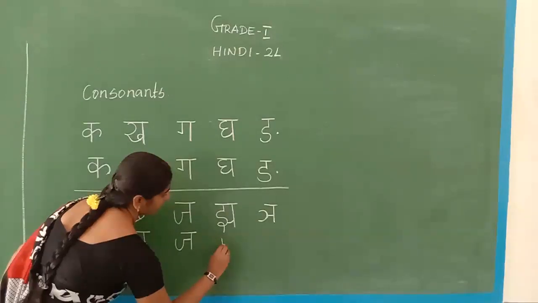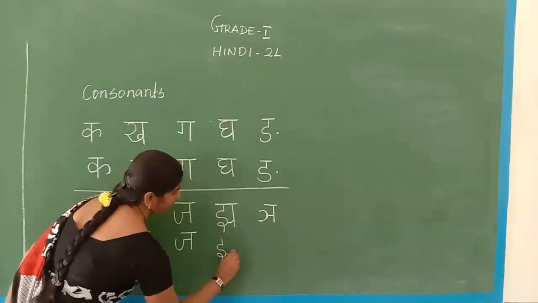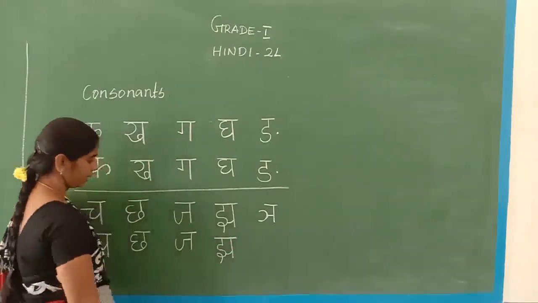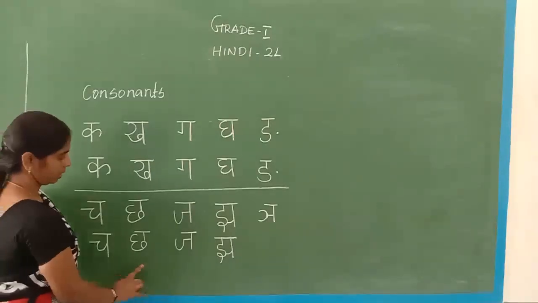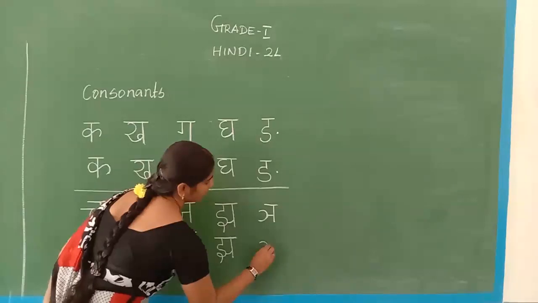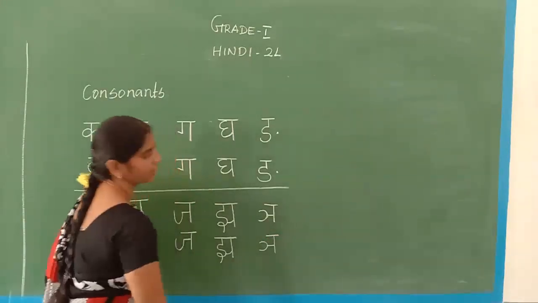The next, like this, and tail, one line, standing line, top of the line. Cha, chha, ja, jha, nya. Opposite direction of C, one line, joined, standing line, top of the line. Right?